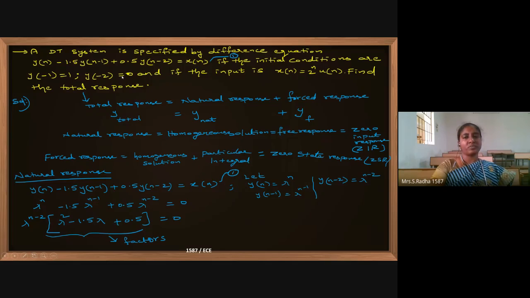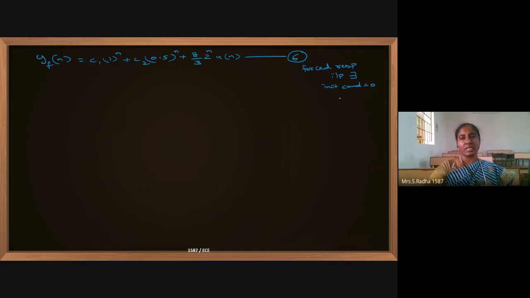These are the two initial conditions, so I have to take their values as 0. I am making the initial conditions 0, and this you have to substitute in the given question itself.